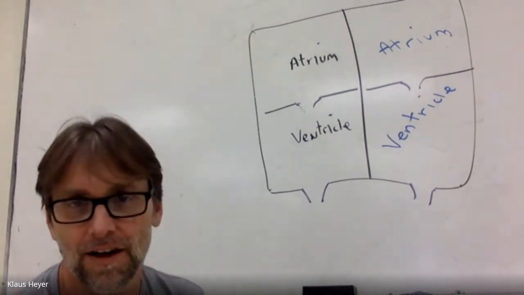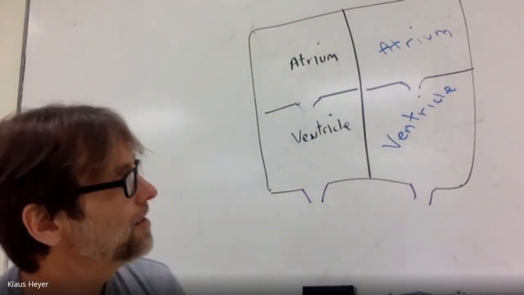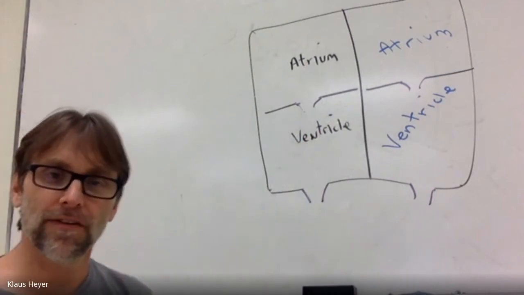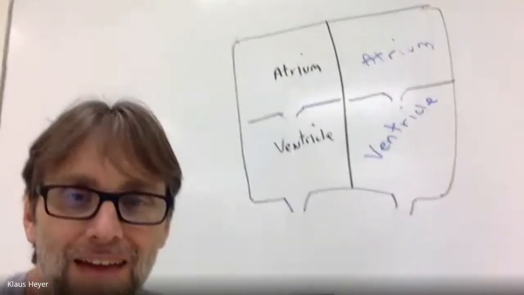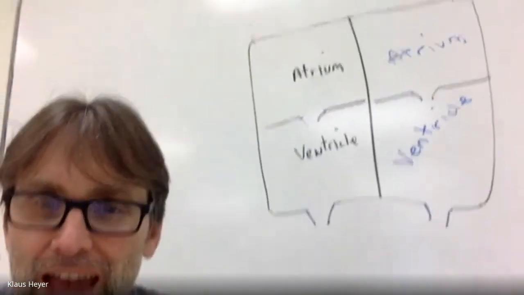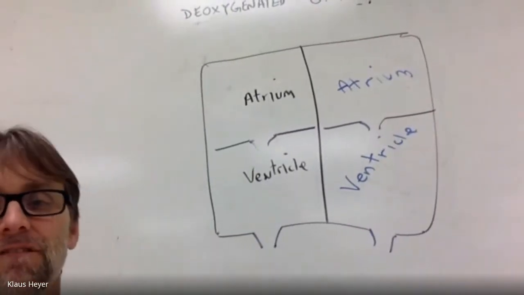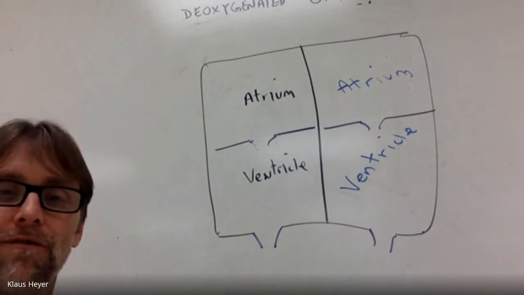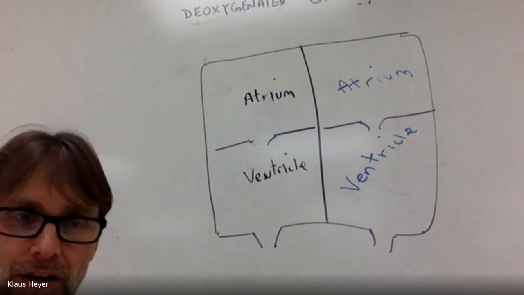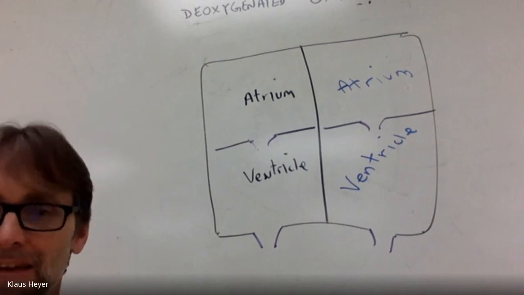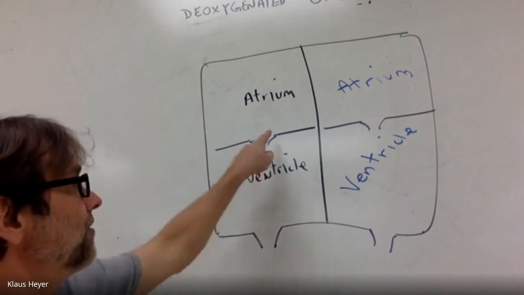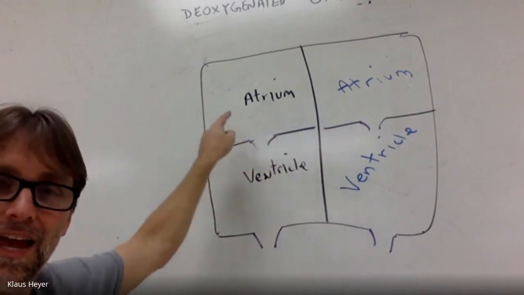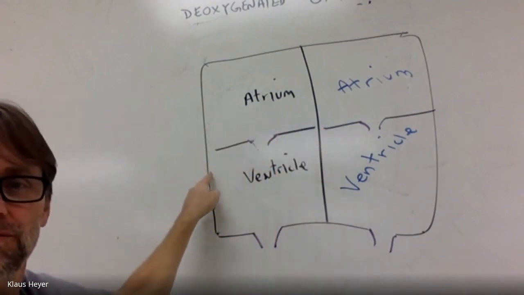So the valves have names. These 2 up here, if I want to talk about both of those on the top, I'm going to call them AV valves, A for atrium, V for ventricle. You see 4 valves here, but I want you to look right now at the AV valves, these 2 between the atrium and the ventricle.